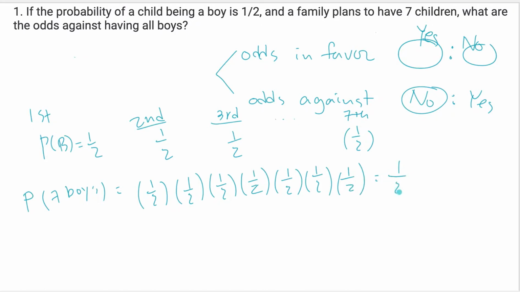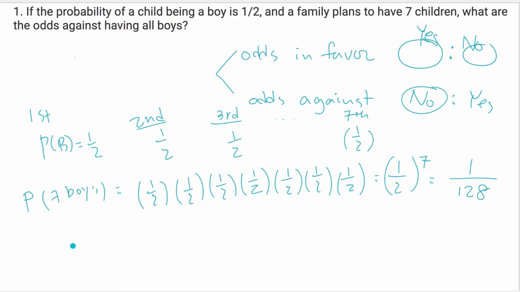So we know the probability for all 7 kids to be boys in a straight row should be 1/128. It's very, very rare. It's really hard to get 7 straight boys, right?